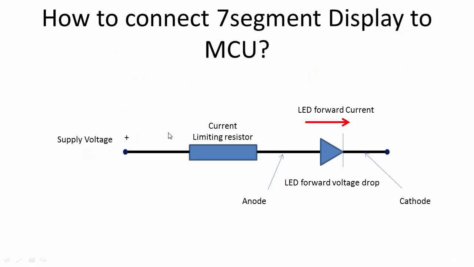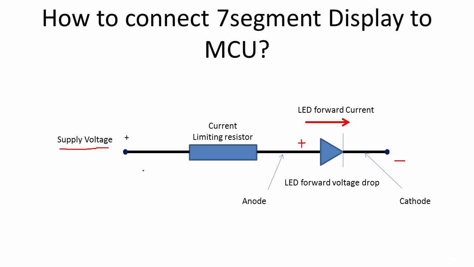Now, how to connect 7-segment displays to an MCU? Let's answer that question later, but first let's understand how we have to connect an LED to the microcontroller or to any supply voltage. As you know, the LED has 2 points: this is called negative and this is called positive.